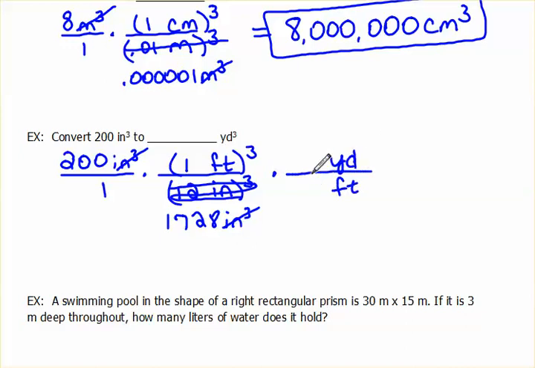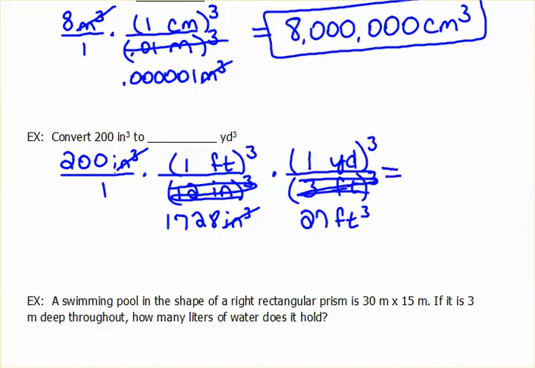And again, there are 3 feet in 1 yard, but I don't want feet, I want cubic feet. So I'm going to have to cube the whole thing. 1 yard cubed is 1 cubic yard, and 3 feet cubed is actually 27 cubic feet.